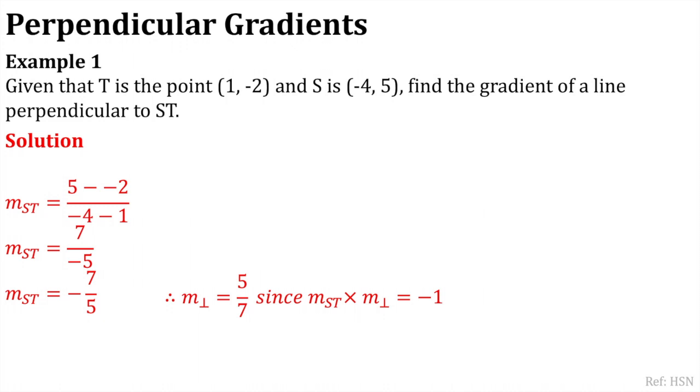It's very important because sometimes the SQA will ask us for statements like that in our answers in order to gain all of the marks available for a question. So it's worth remembering this statement and making sure that you put it in every single time you find a perpendicular gradient. So our final answer here, folks, was 5/7. So if you pause the video just now and copy this example down in your notes jotter.